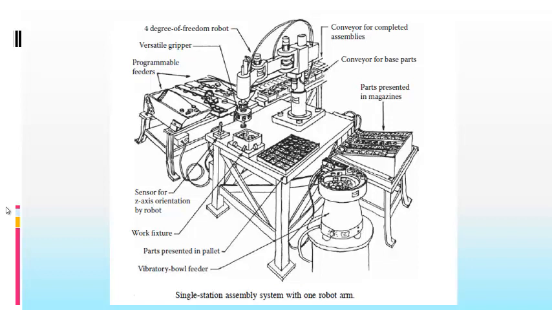And on the table there is a pallet with parts which are difficult to feed. Then there is a fixture, and the robot will go through all the feeders taking parts and assemble the product. This station is a research station, and it is the first ever station made for flexible assembly systems.